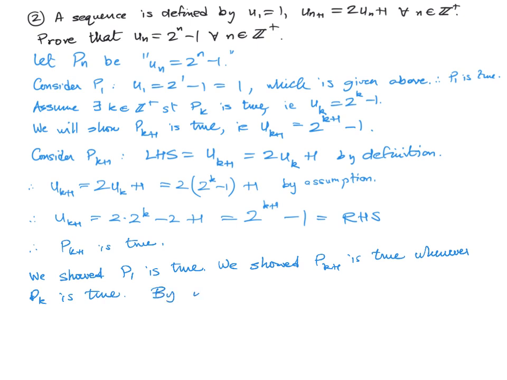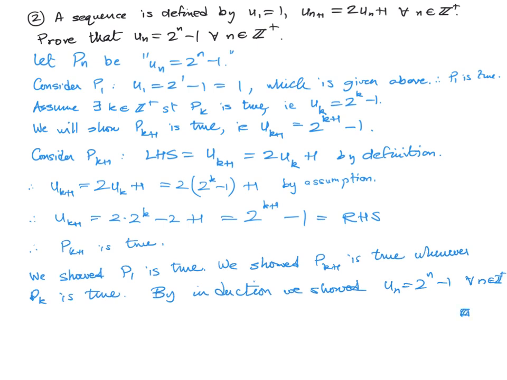By induction, we showed u sub n is equal to 2 to the n minus 1 for all n in Z plus. And that's our proof.